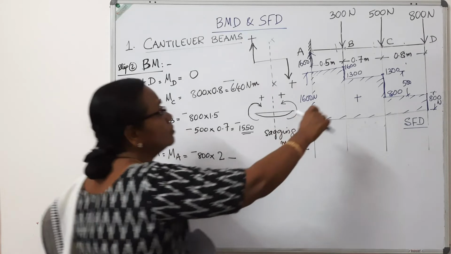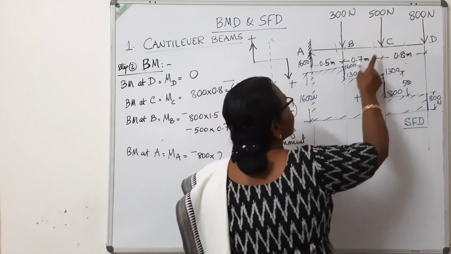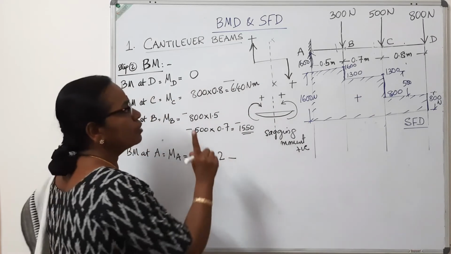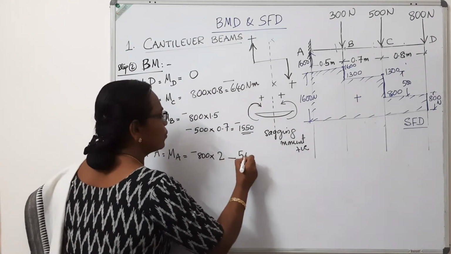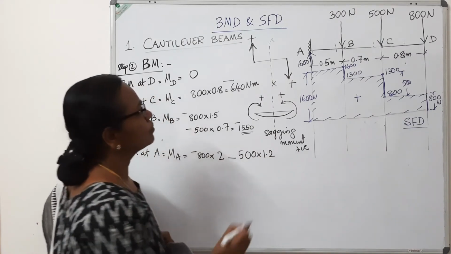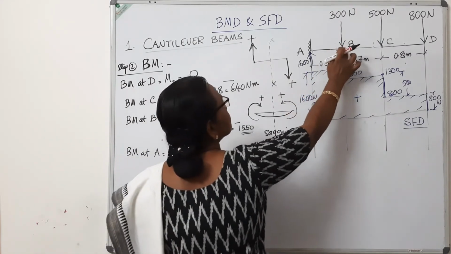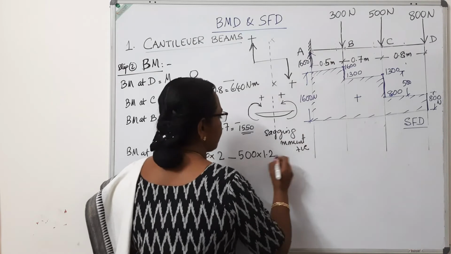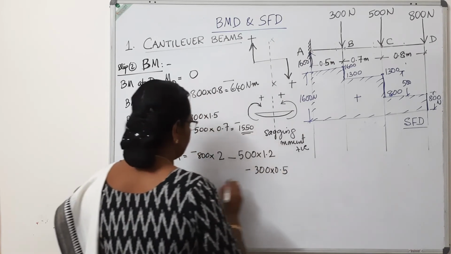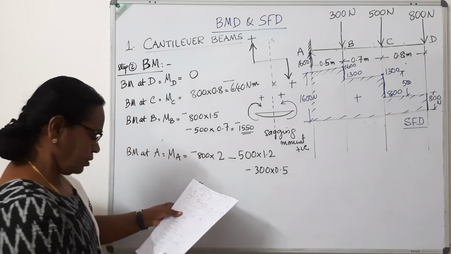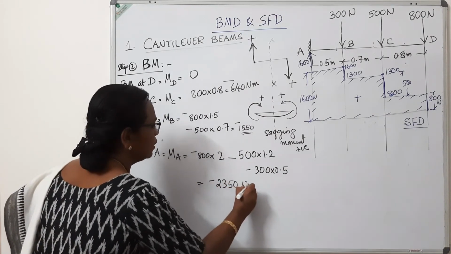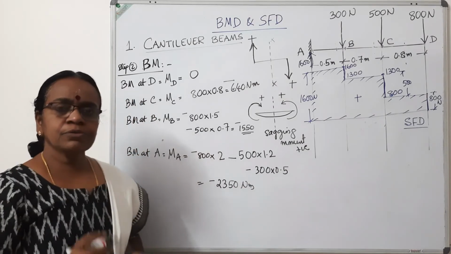The second load 500 is acting at a distance 0.7 plus 0.5, 1.2 meter. That also produces clockwise moment. So minus 500 into 1.2. This 300 is acting at a distance 0.5. So minus 300 into 0.5. It works out to minus of 2350 Newton meter. So that's all.